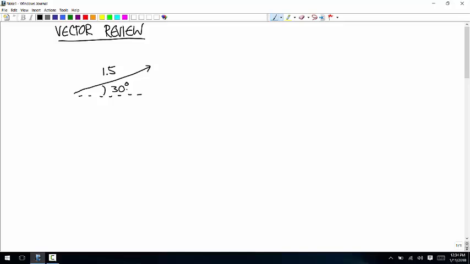But remember that components are not defined until you choose a coordinate system.